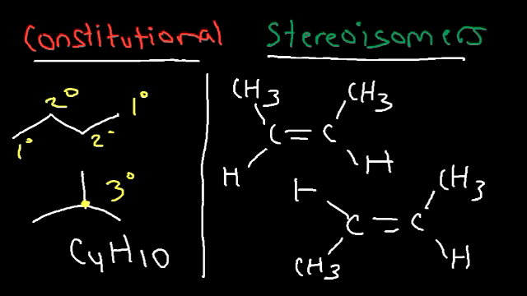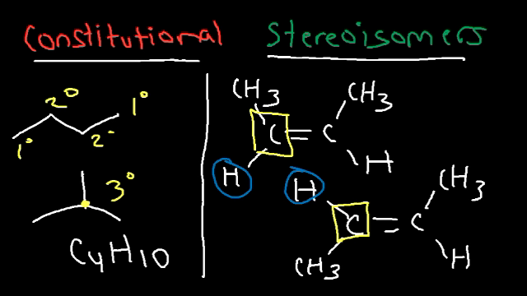Notice that this carbon has the exact same connectivity as this carbon. Both carbons contain a hydrogen atom, they're both connected to a methyl group, and they're both connected to a carbon atom that has a CH3 and an H. So the connectivity is the same, but the spatial arrangement is different.